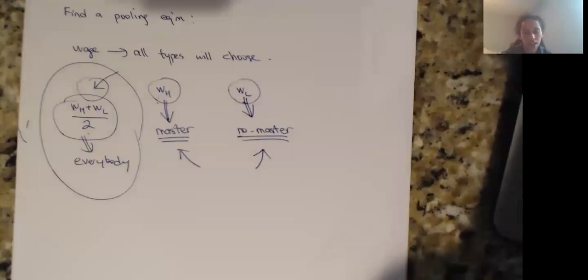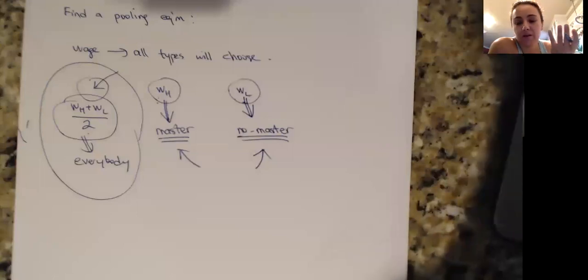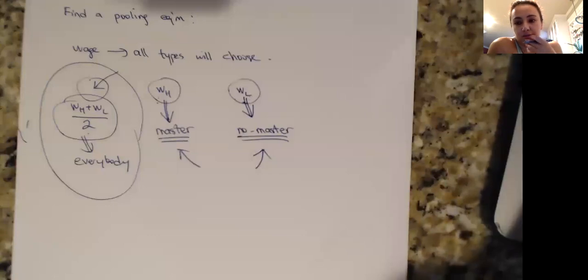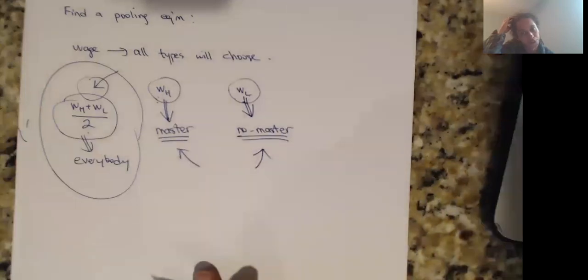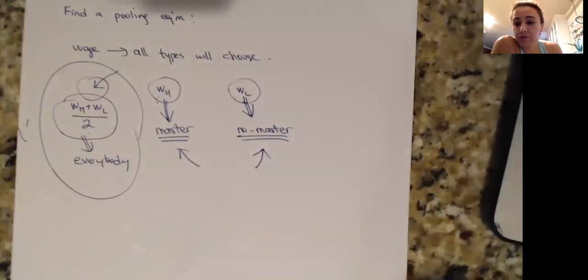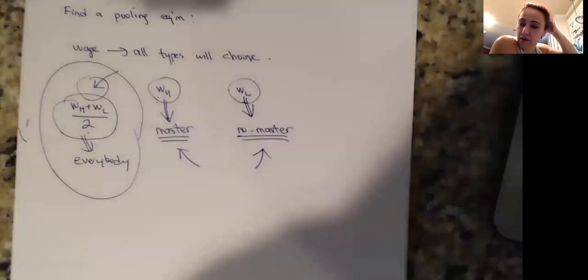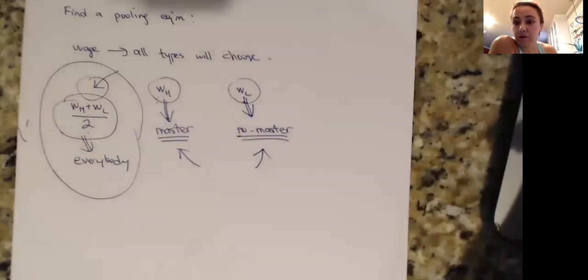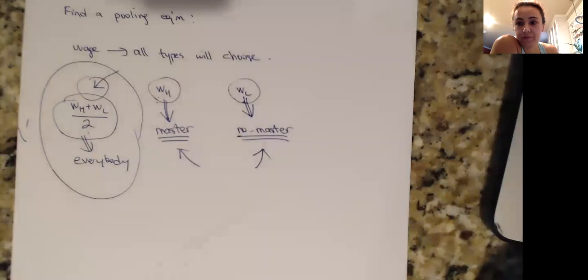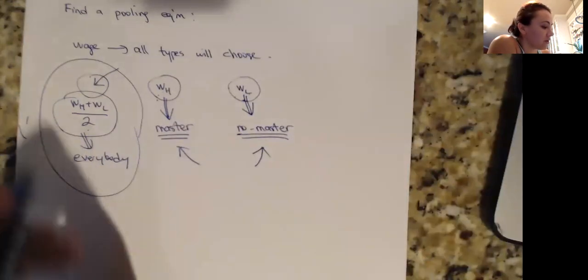So you don't know whether the company is paying the worker exactly its productivity. Okay. So I know that the company would never pay anything above $60 to a high worker, or anything above $40 to a low type.